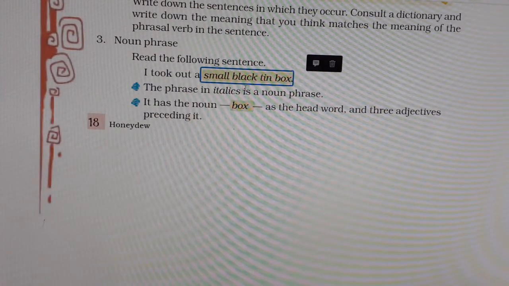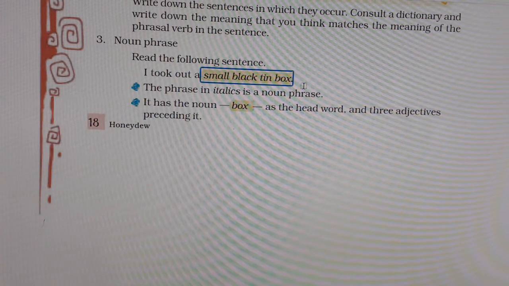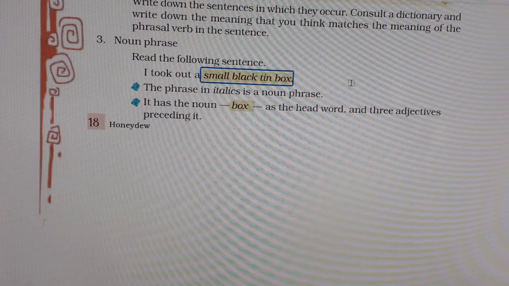Now, suppose I had spoken this sentence like I took out a black tin small box, that would have been an ambiguous statement. You could not have made out the meaning of that sentence. But this sentence does make a very clear-cut meaning.